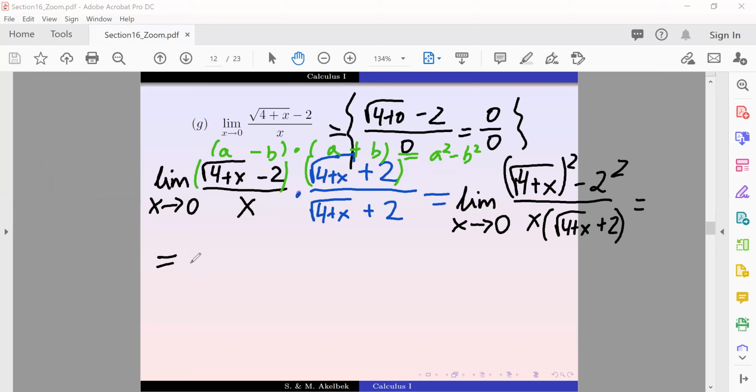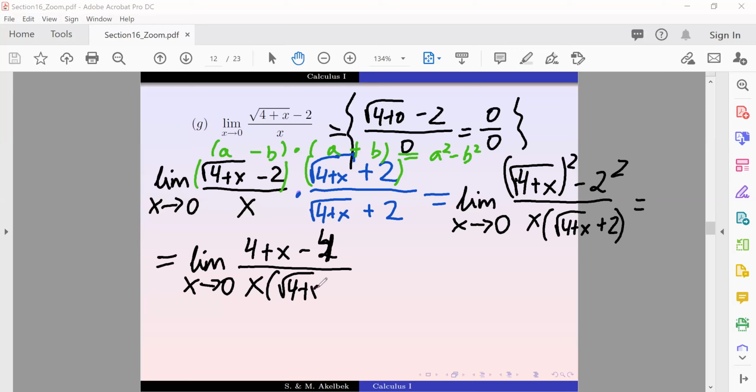So we have the limit as x goes to 0. First term, square root is 4 plus x minus 2, I'm sorry, minus 4, over, usually don't touch and hope that something is going to cancel out, square root of 4 plus x plus 2. So 4 and minus 4 cancel out.